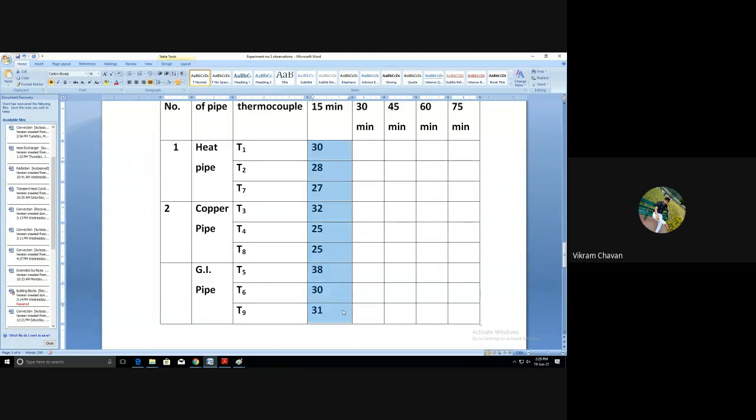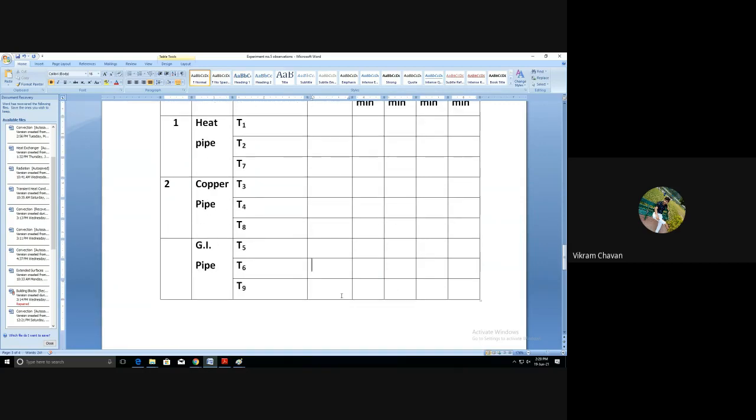These readings I have provided for understanding purposes. We will go to the HT lab and take the readings directly. If you have any doubt, you can ask now in the theory part. Is there any doubt, any question?